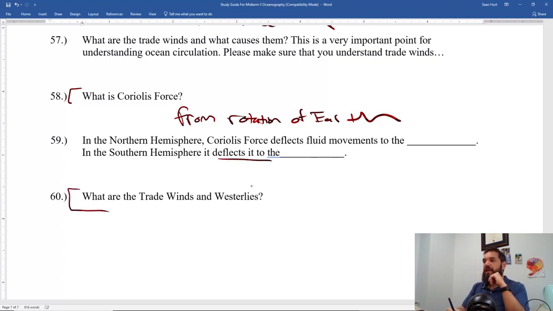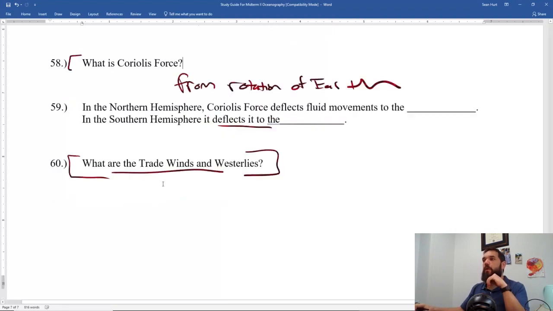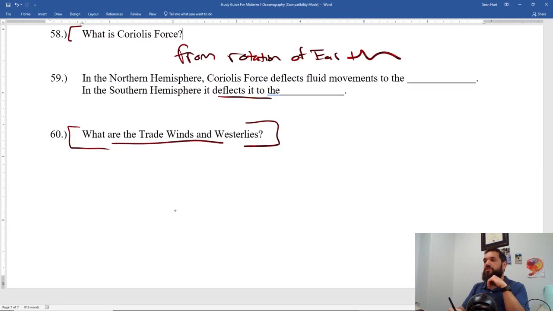So trade winds and westerlies. Trade winds, again, I explained before, but I do want to explain the westerlies. After you have the Hadley cell, if you look at the Earth, let's say here's the equator in the center.